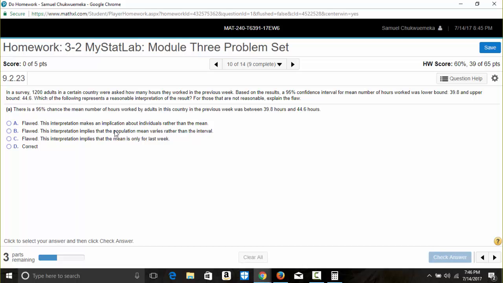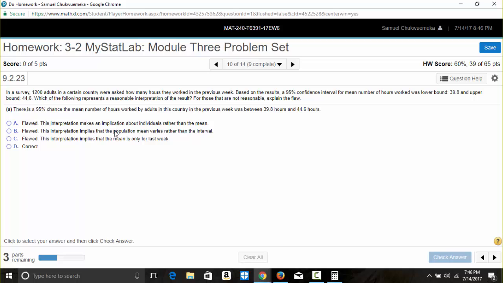Okay, like we said, whenever you say 95% confidence interval, you're 95% confident that the interval between 39.8 hours and 44.6 hours actually contains the population mean of the adults in the certain country. So that is what it means.